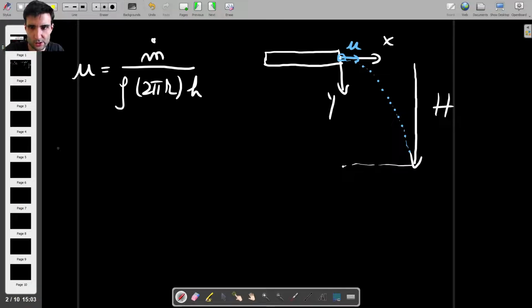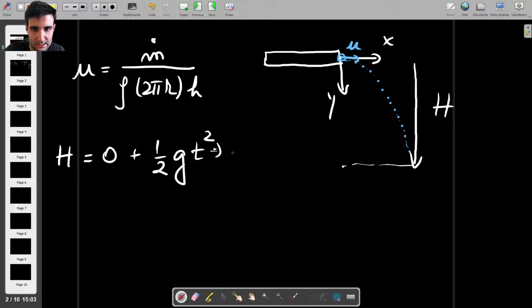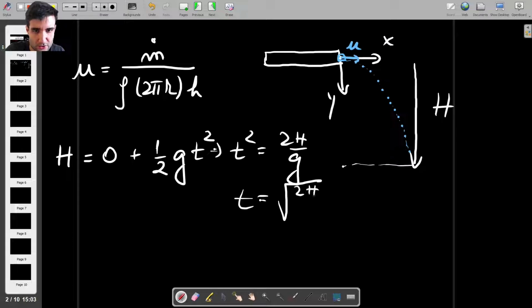So this is what we know. We have h equals, now there's no initial vertical speed, so that's just 0 plus 1/2 g t squared, which means that t squared is 2h over g, which means that, of course, t is the square root of 2h over g.